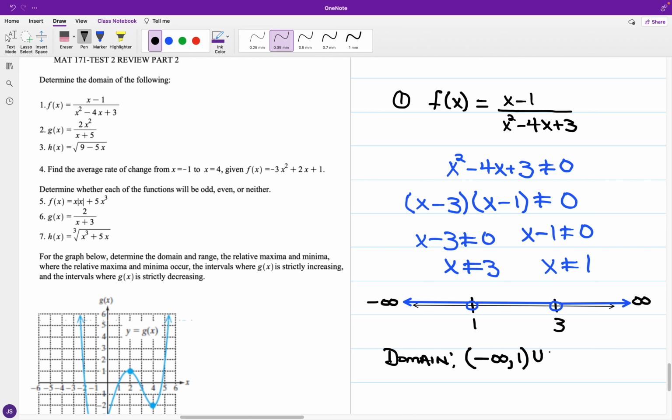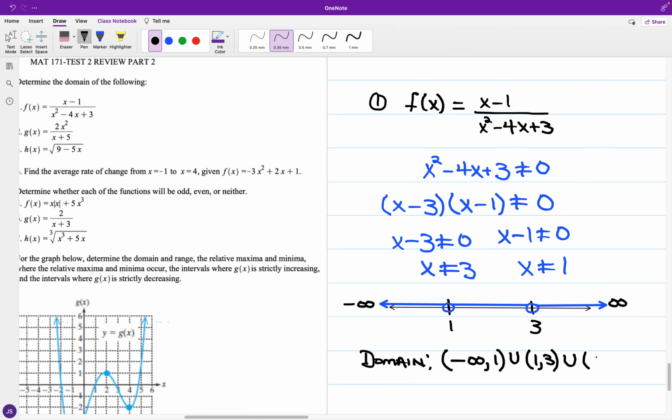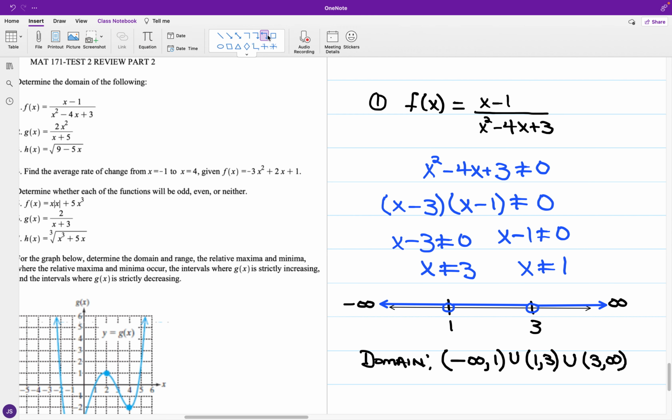Then I have those values of x such that 1 is less than x is less than 3. Again, neither value is included, so I maintain the use of parentheses. And for the rest, those values of x greater than 3. So the interval notation defining the domain will consist of 3 sections.